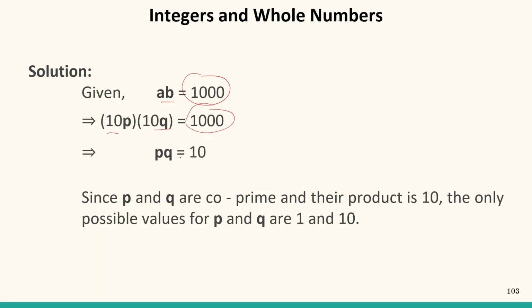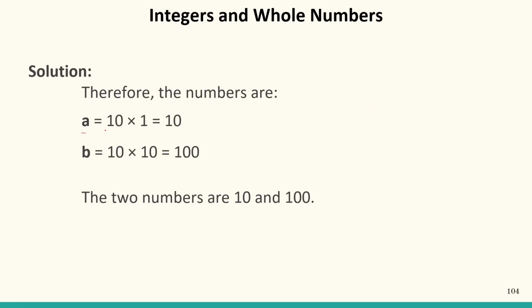This implies that 100PQ is equal to 1000, so PQ is 1000 by 100, which is 10. Since P and Q are co-prime and their product is 10, the only possible values are 1 and 10. Therefore A is 10 into 1, which is 10, and B is 10 into 10, which is 100. So the two numbers are 10 and 100.